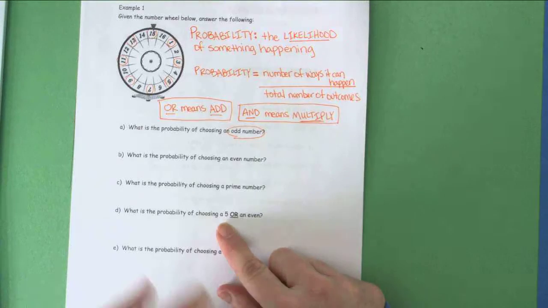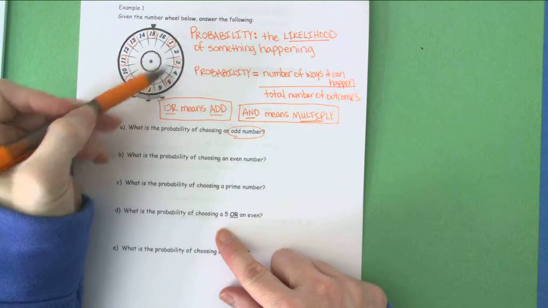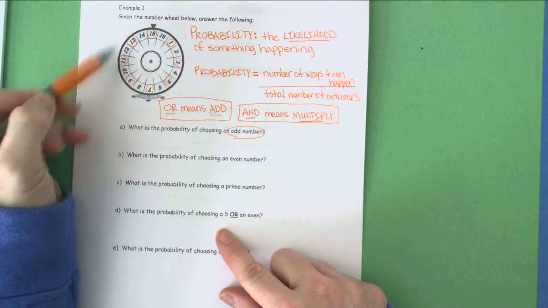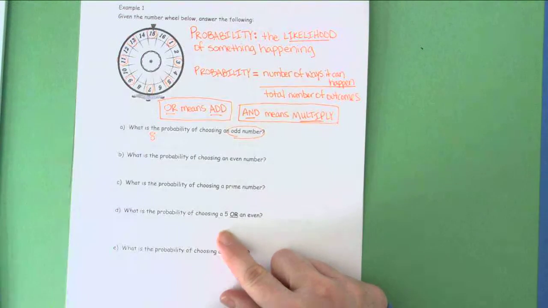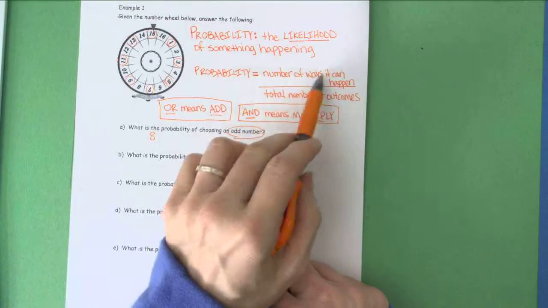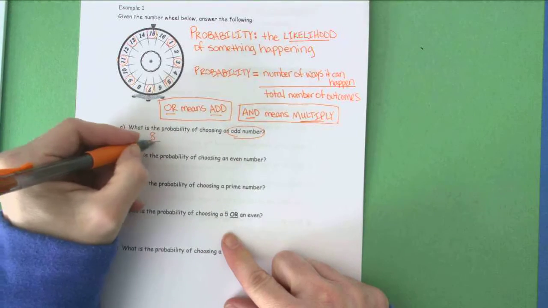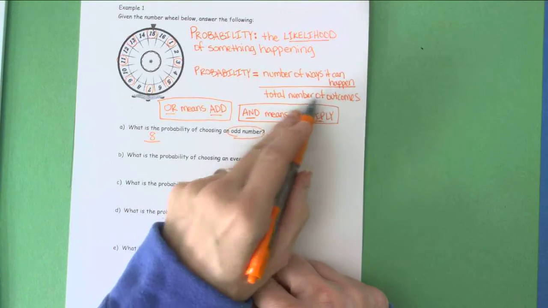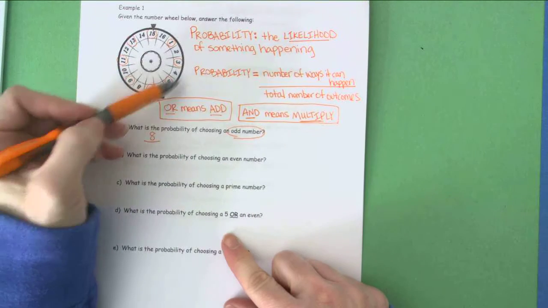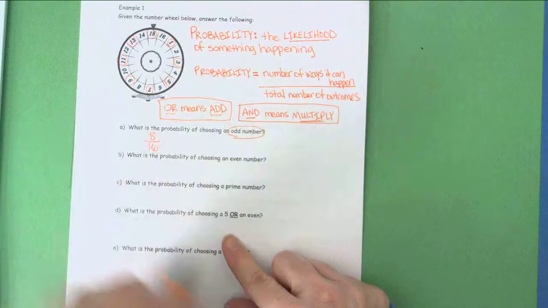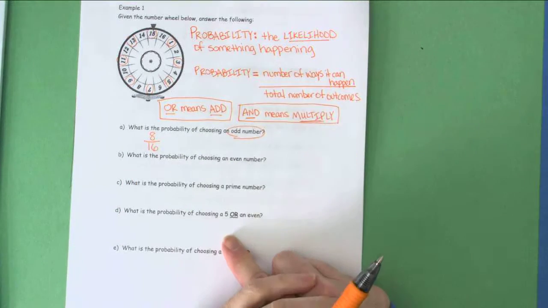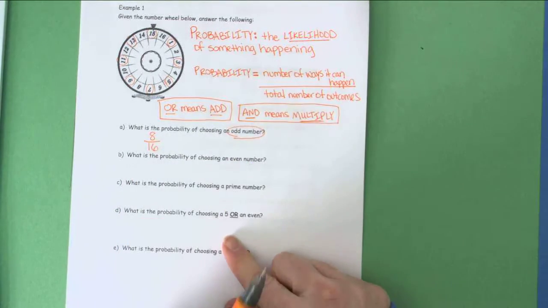So in all, there are 1, 2, 3, 4, 5, 6, 7, 8 ways we can choose an odd. That's the number of ways it can happen, divided by the total number of outcomes. Well, the total number of numbers on this wheel is 16. So you have an 8 out of 16 chance of choosing an odd number.